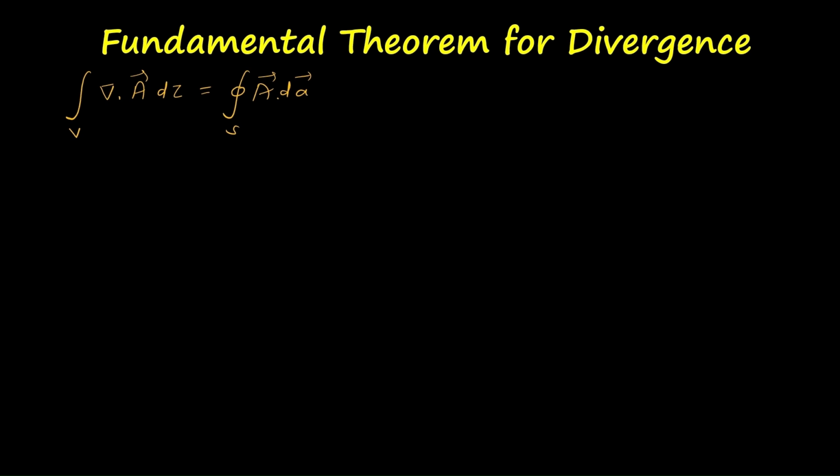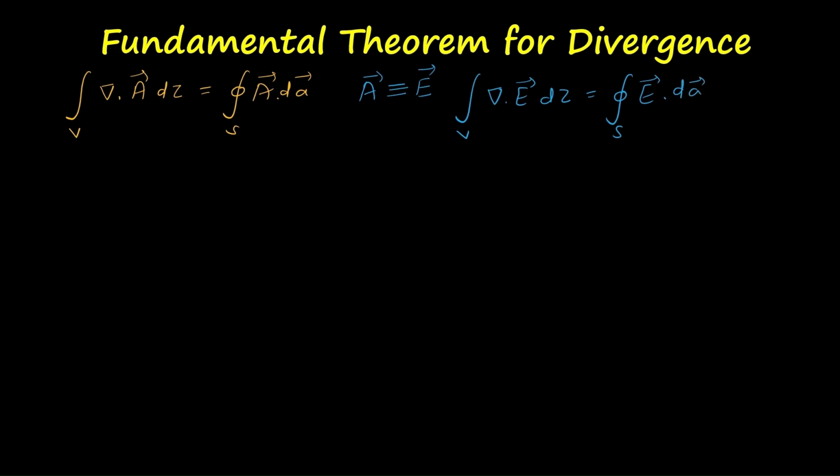Now, to have a better understanding, let us replace the A vector by the electric field. So the expression will look like the volume integral of the divergence of the electric field about the volume is equal to the surface integral of E dot dA vector.